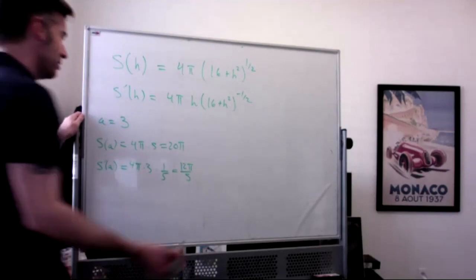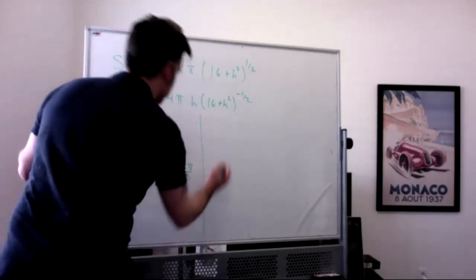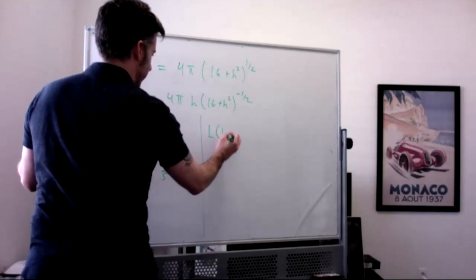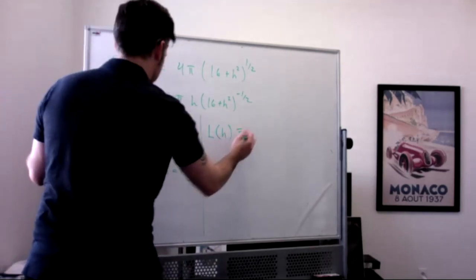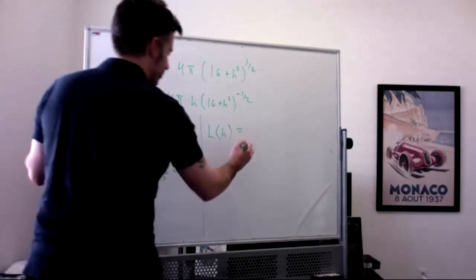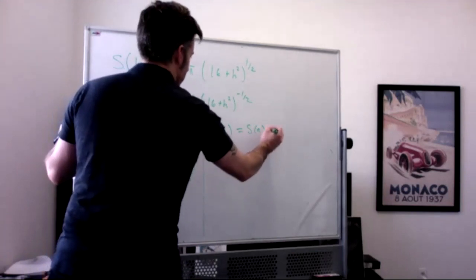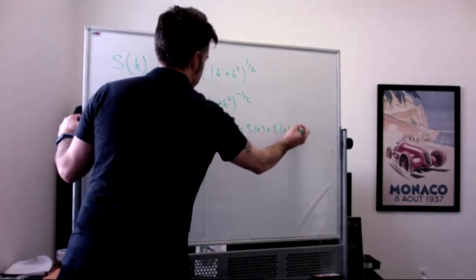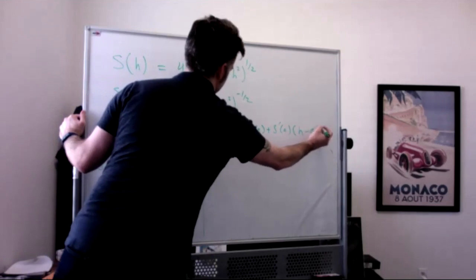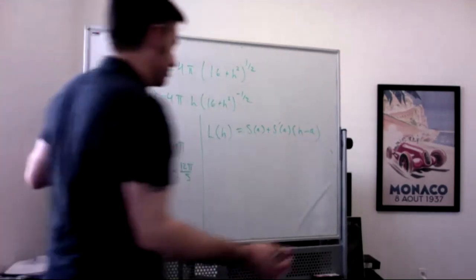Okay, so now my linearization as a function of height is S of A plus S prime of A times x minus a. So I'm using h instead of x.